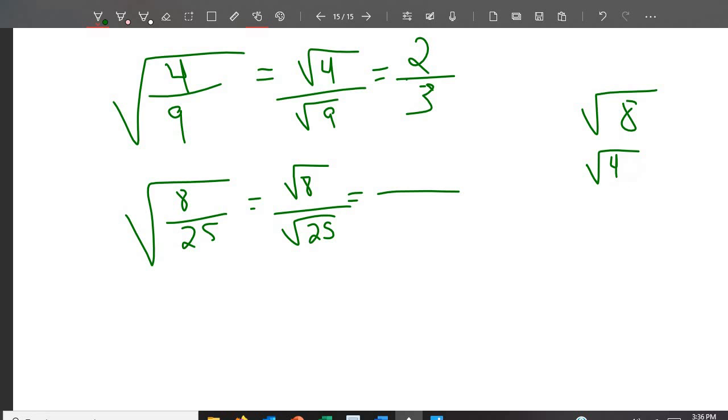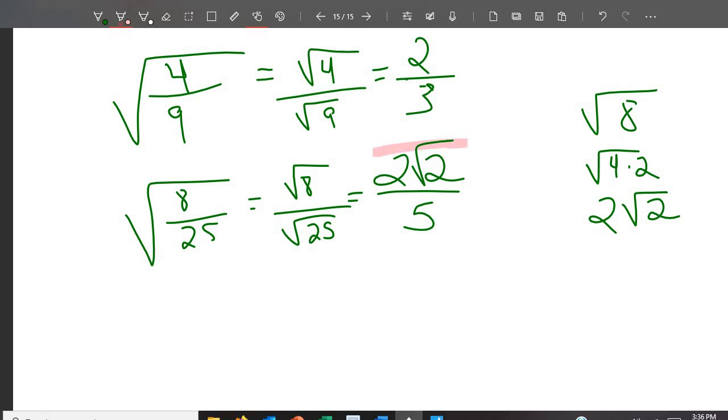We can break 8 apart as 4 times 2. We can take the square root of 4, but I can't take the square root of 2, so my numerator will be this. I can take the square root of 25, which will be 5. So the final answer is this.